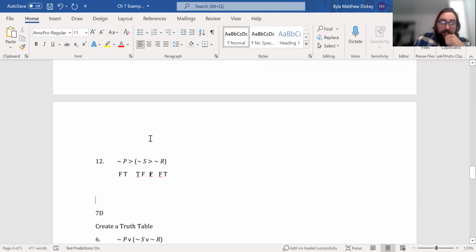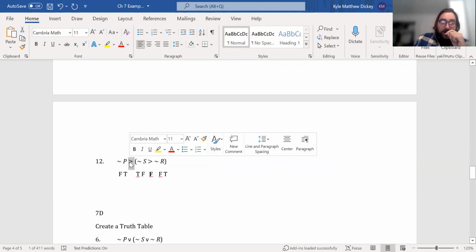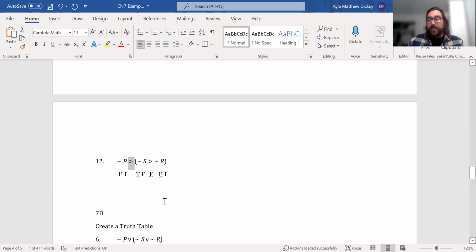Now we've got this whole thing figured out. It's false. Well, okay, so now we've got false up here, and false in here. And this is another conditional. So what were the rules for the conditional again? Well, the truth function states that a conditional is true just in case the antecedent is false or the consequent is true.